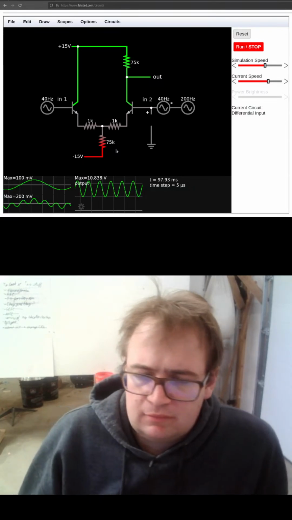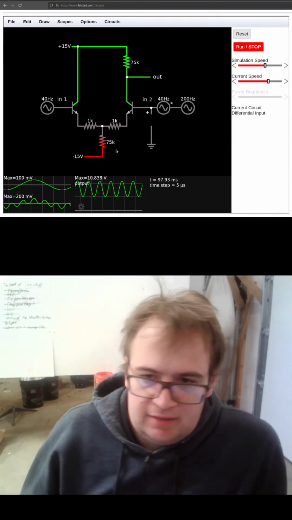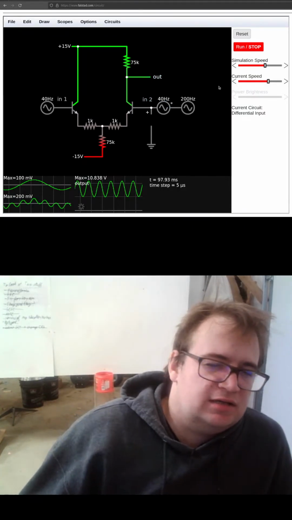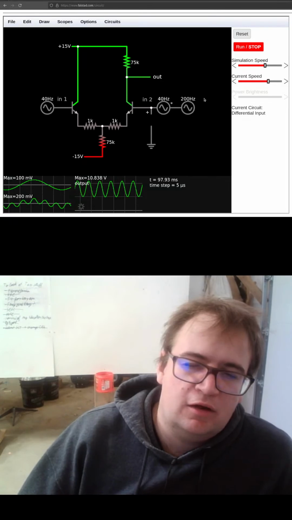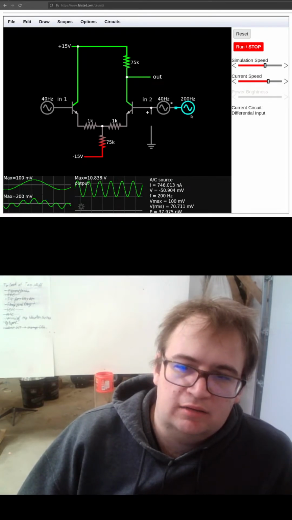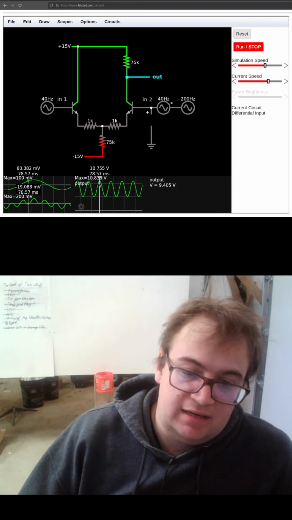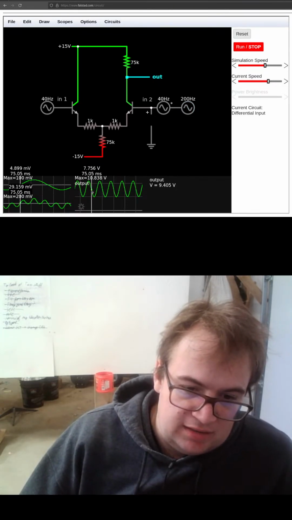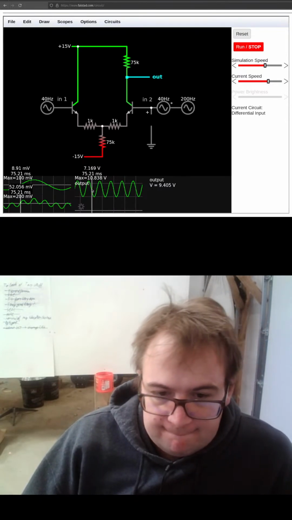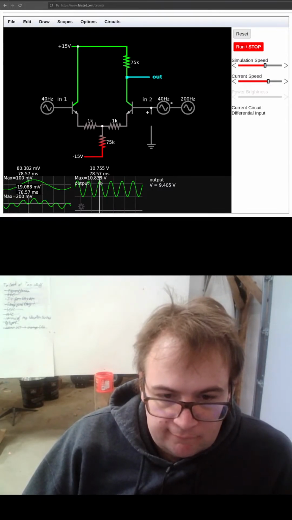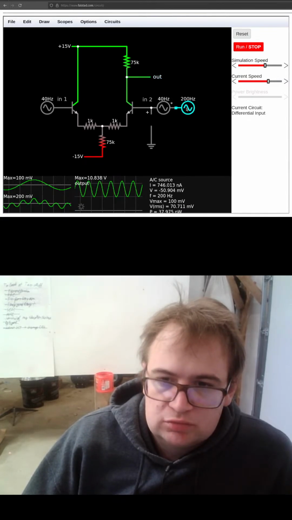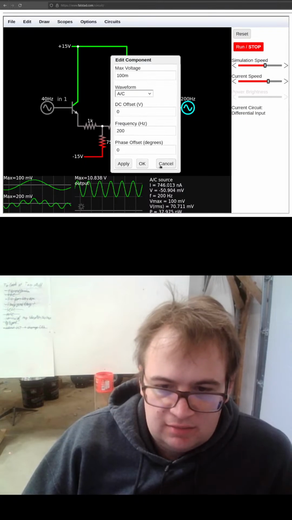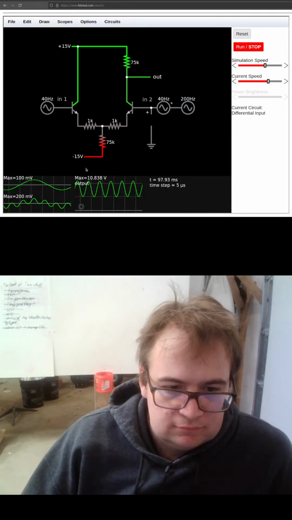So that would mean 10 milliseconds. I would say we would only be getting 100 hertz, but obviously, I think it would be more. So that's 100 millivolts.